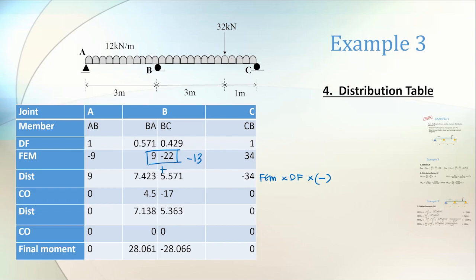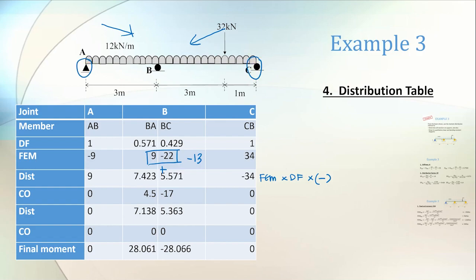We do for carryover CO. Okay, for carryover we must have a look at our beam here, how actually the support at the end. So you can carry forward inside, no problem, but to carry over outside, you must have a look at the end support.